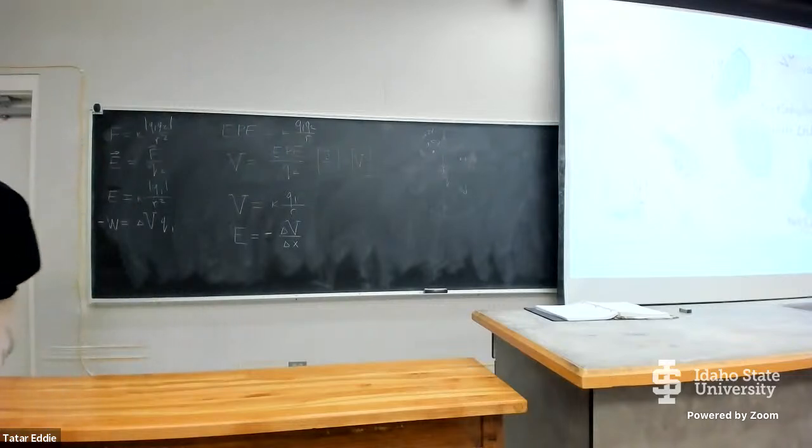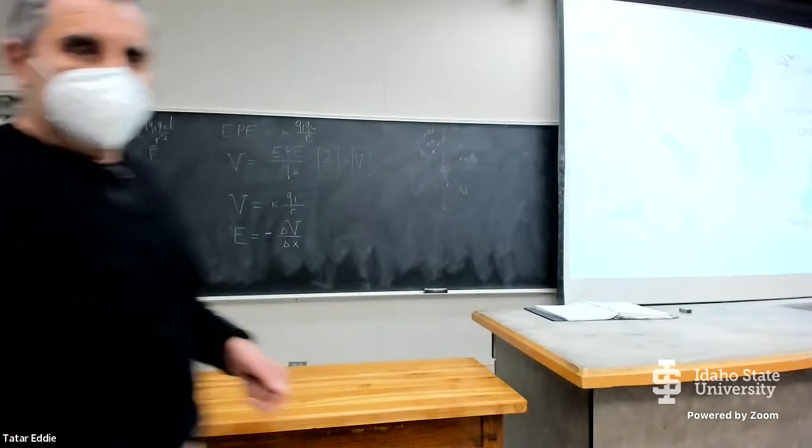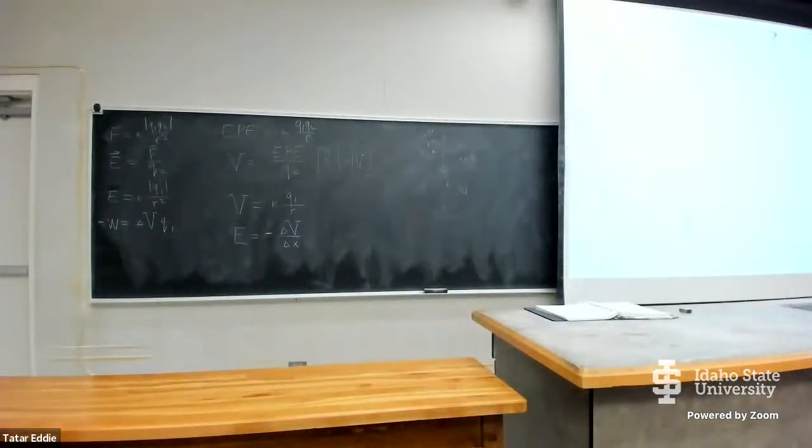Okay, well, now, one property that we also have to keep in mind here when you look at the electric field lines, the red lines, and the equipotential surfaces, one important property is that electric field lines are always perpendicular to equipotential surfaces.